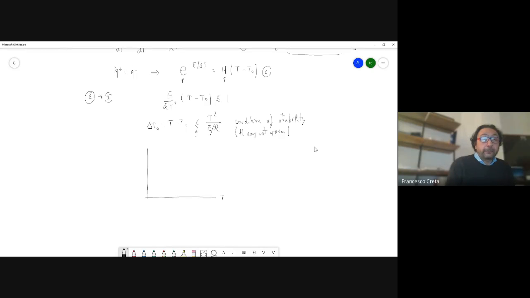We have the stable point over here, and we have T0. So you see that now this is T, so this difference here is our delta T0.